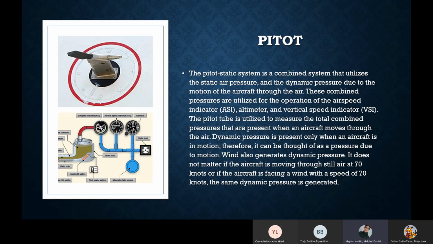Dynamic pressure is present only when an aircraft is in motion, therefore it can be thought of as pressure due to motion. Wind also generates dynamic pressure. If an aircraft is moving through still air at 70 knots, or if the aircraft is stationary in a wind speed of 70 knots, the same dynamic pressure is generated.